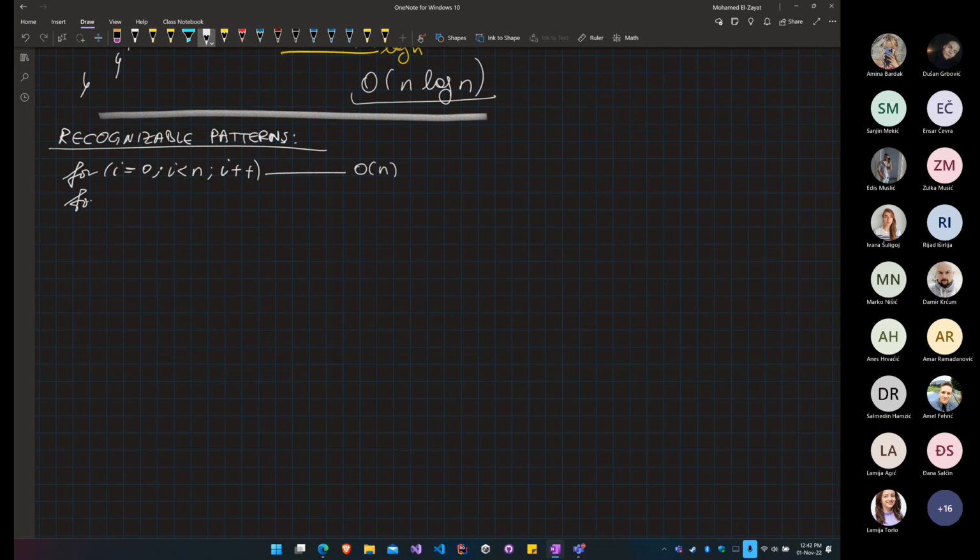You have another one: for i equals 0, i is less than n, i plus equals 2, which is going to be n divided by 2, right? Which is approximately O of n, all right? Even though you are skipping by 2.